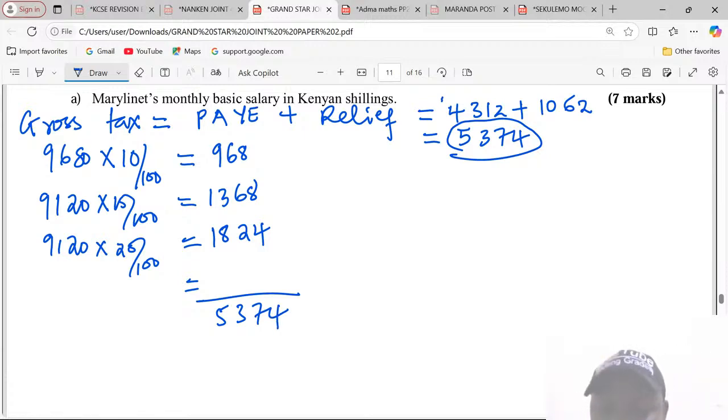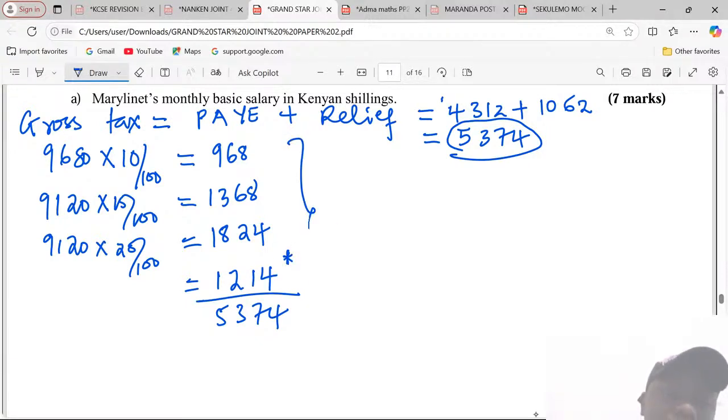So we pick 5374 and we subtract the so far taxes, so that we may know that we only need 1214 here, so that the total tax becomes 5374.